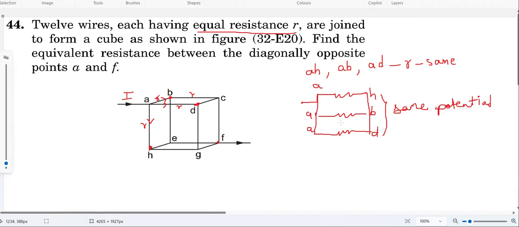Okay. In the first step, the resultant resistance is going to be R by 3, right?